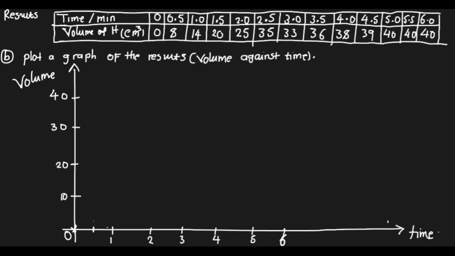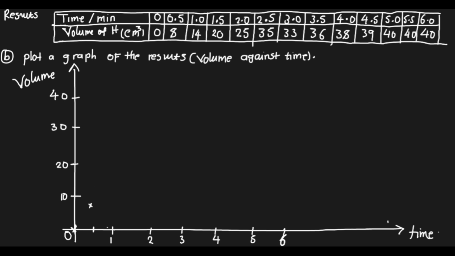Now, if you are using the scale of 2 centimeters to represent 10 units on the y-axis, those small boxes represent 1. So you need to count 1 up to 8. So somewhere here is where my 0.5, 8 is. Then we move on to the next one, 1.0, 14.